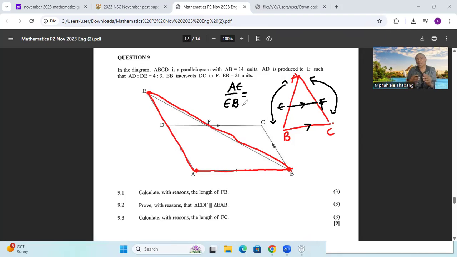I'm going to apply the same thing which I did on the side of AB on the side of AC. I'm going to say AF over FC. So this is my proportionality theorem.